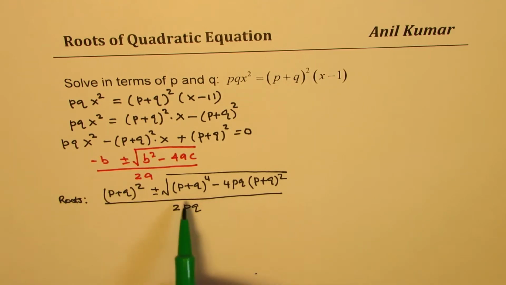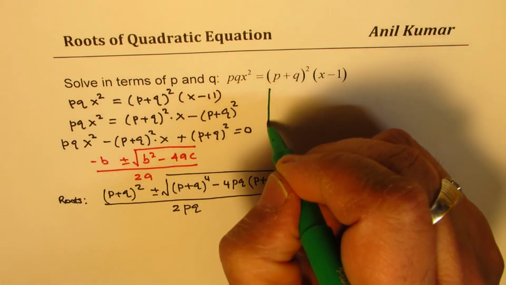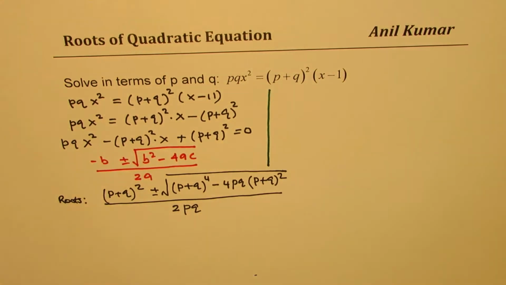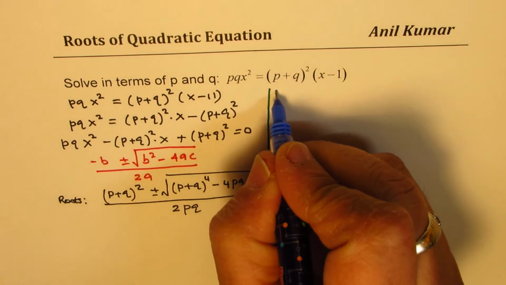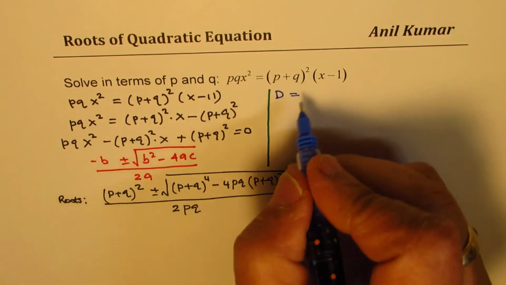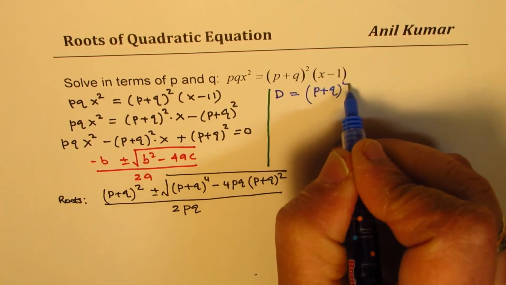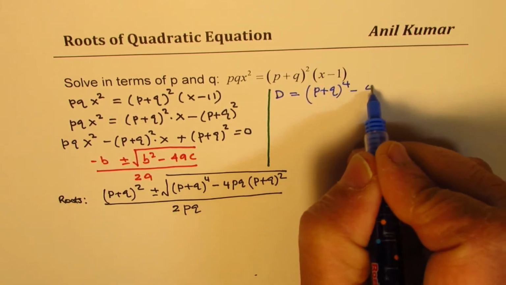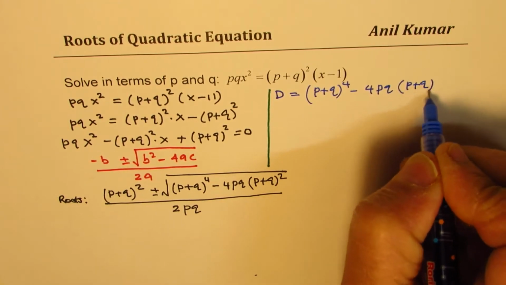Now I think it's a good idea to solve this discriminant separately. So let's do it on this side. Let me call the discriminant D. Let me rewrite this first: we have (P+Q)⁴ − 4PQ(P+Q)².